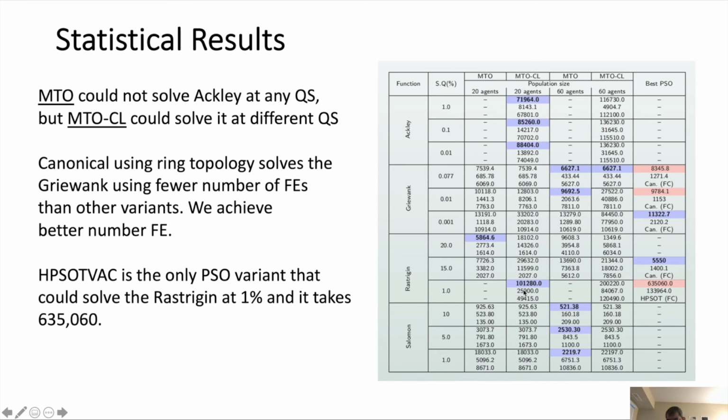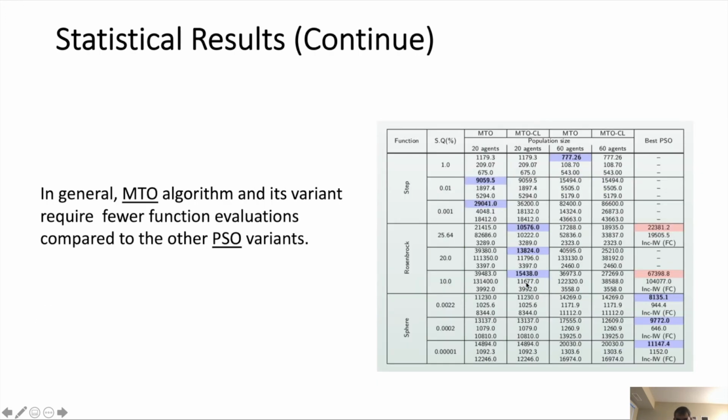We solve it in 100,000 iterations, and the best PSO solves it in 600,000 iterations. And this is the rest of the benchmark functions and the results.